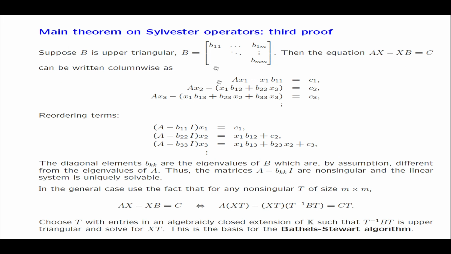So, the third proof is much easier. Suppose our matrix B is upper triangular.